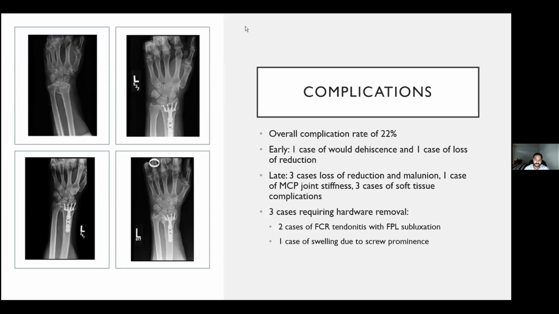2 of those cases were FCR tendinitis with FPL subluxation, and then 1 case was due to swelling with screw prominence. And on the left here, they had the images of one of these patients who had a loss of reduction that went on to a malunion. You can see in the top left corner, this was the first pre-op injury film where you can see they have a distal radius fracture.